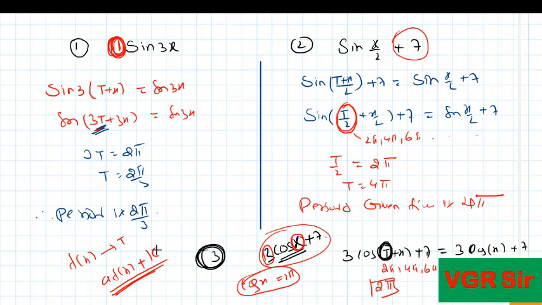That is my conclusion. If the fundamental period of f of x is t, then the period of a into f of x plus k, with no change in the function, only a different coefficient and some k added, is also t only.